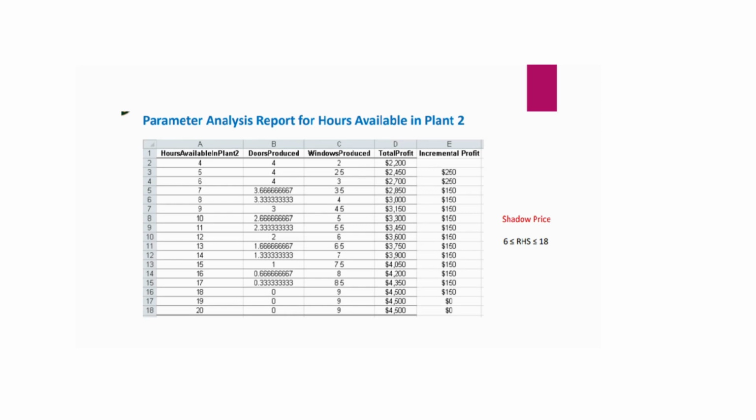So look at the effect on the total profit on column D. And then there is the incremental profit presented on column E. You will notice the incremental profit is constant within a specific range. So we have $150, which remains the same within the range of what?